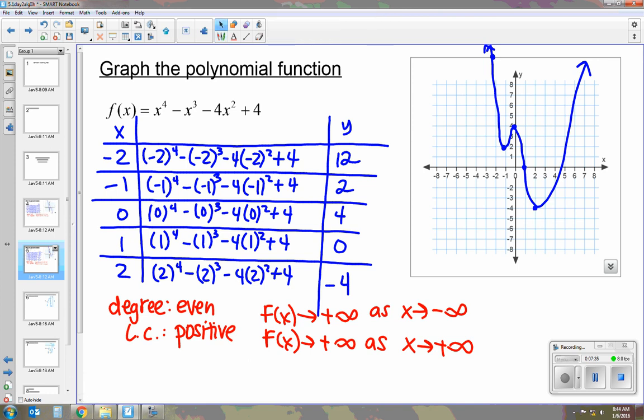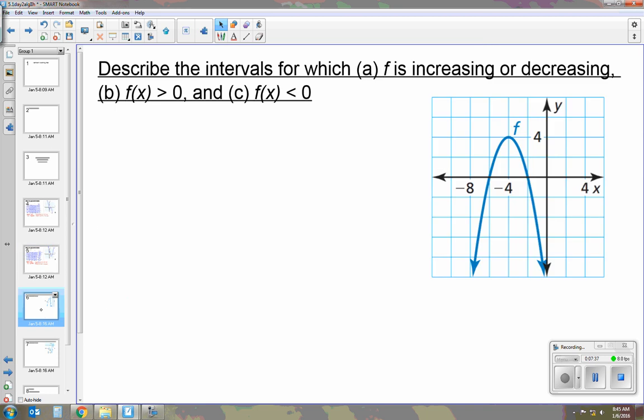All right, next up, we're going to be able to describe the intervals for which A, f is increasing or decreasing, B, f of x is greater than 0, and C, f of x is less than 0. So we're going to be looking at this graph, finding these pieces of information. So for the first one, A, we have to figure out where f is increasing.